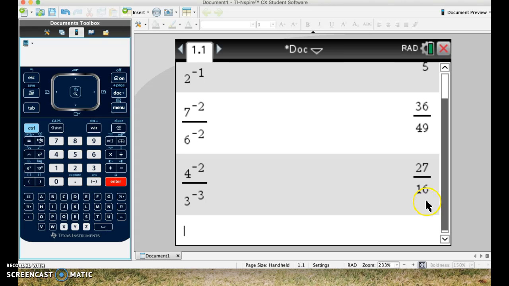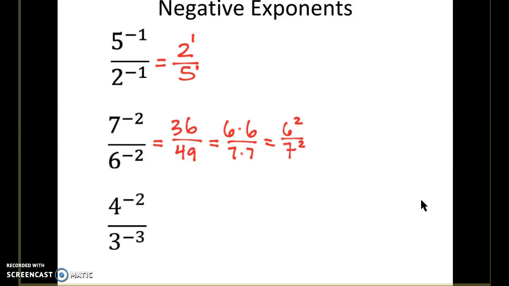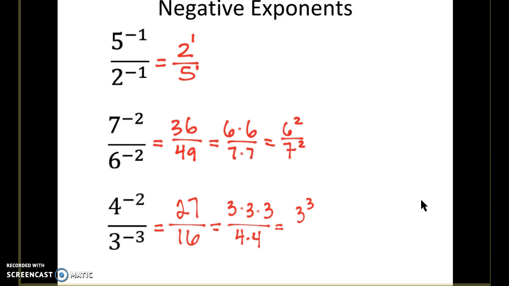And my answer is 27/16. So if I go back to my problem here, that's going to equal 27 divided by 16. Well, I know 27 is the same as 3 times 3 times 3, and 16 is the same as 4 times 4. Now if I put that together as a base to a power, then that's 3 cubed, and that's 4 squared.